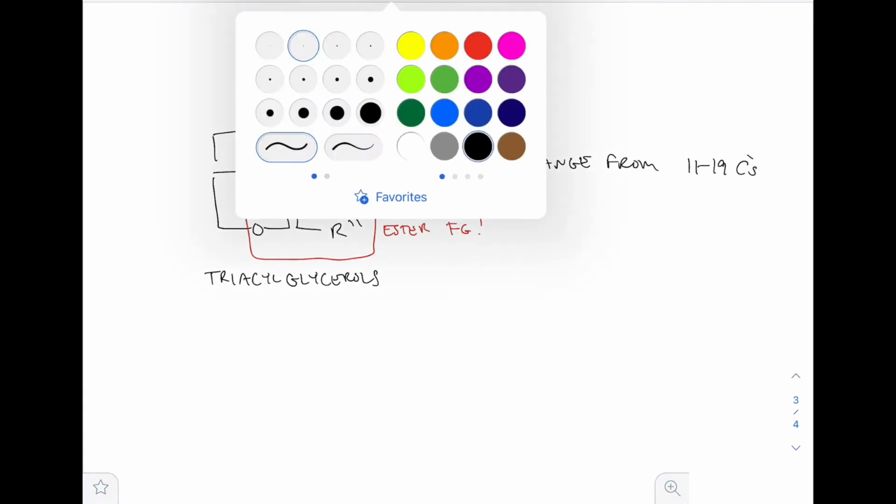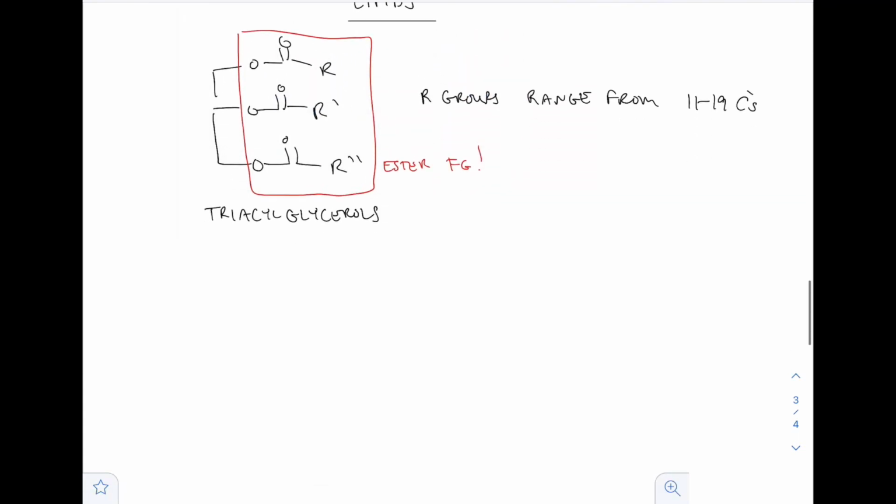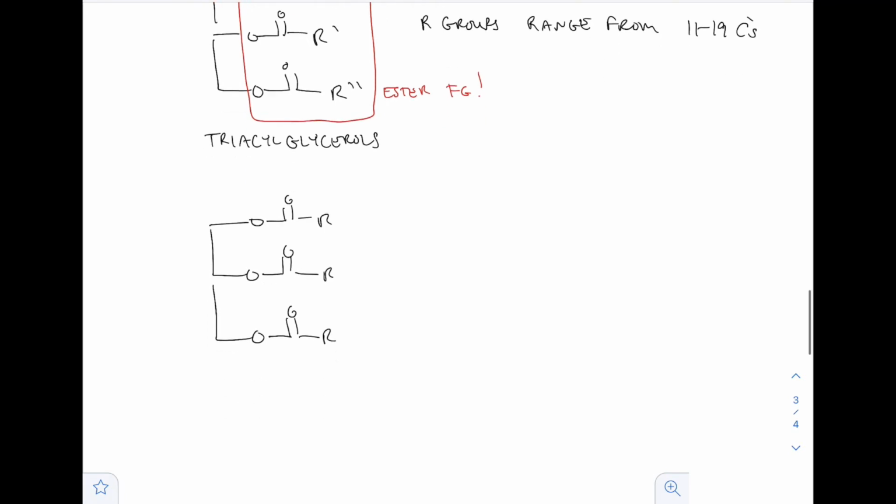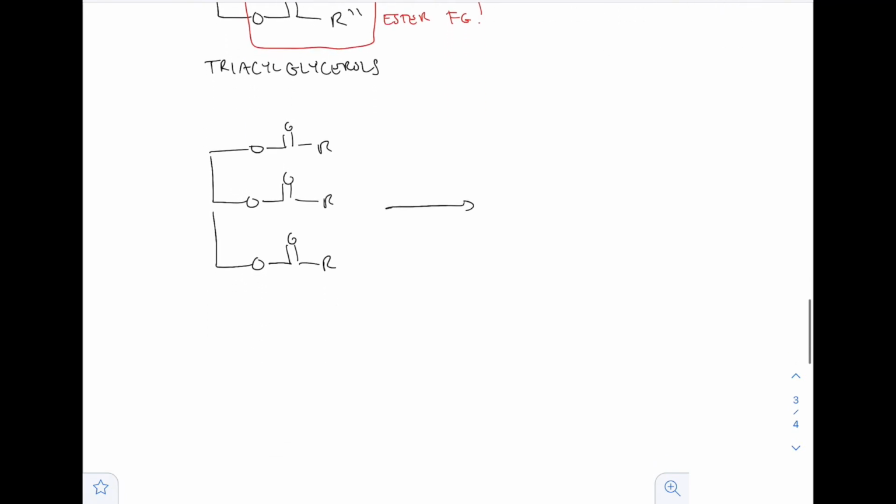So this is an ester functional group, as you know, and so it reacts like an ester. And again, those triacylglycerols, I'm going to abbreviate as TAGs, which you probably have seen before. So I mentioned that they react like esters, because they are esters. Well, esters can hydrolyze, so undergo hydrolysis or splitting of water.